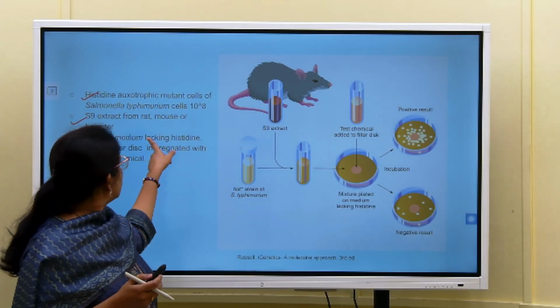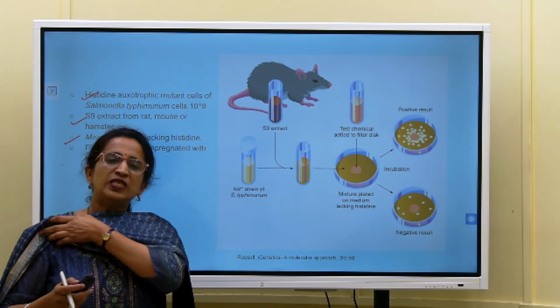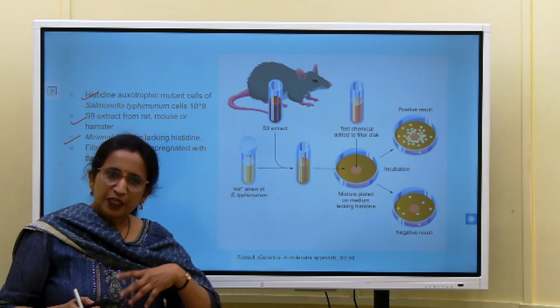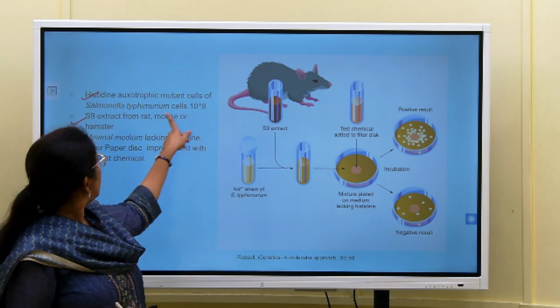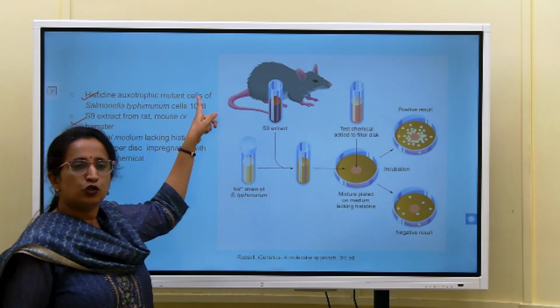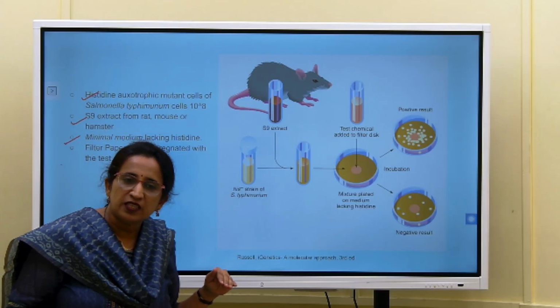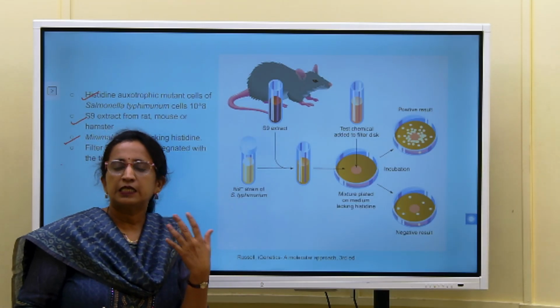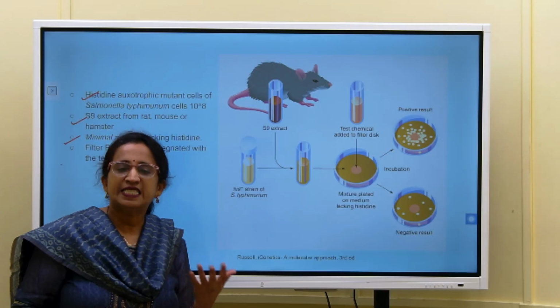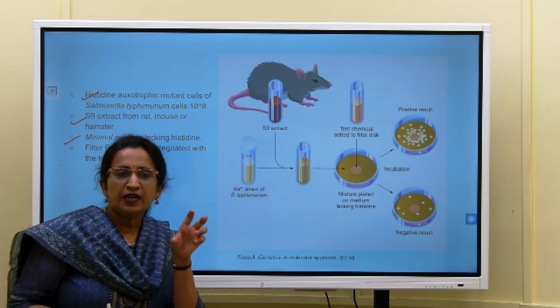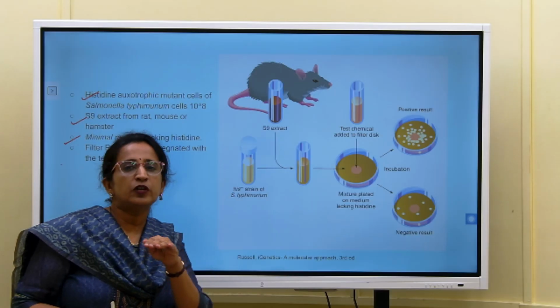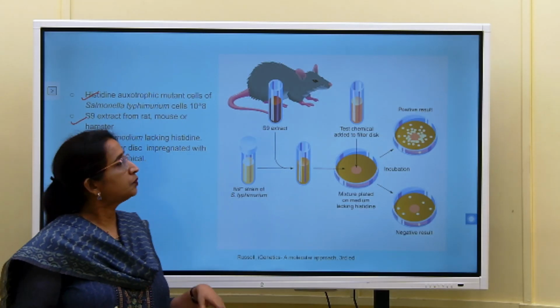In this case, we are taking a medium which lacks histidine. It means that histidine minus cells, histidine auxotrophic cells of Salmonella typhimurium will not grow on this plate because this plate does not supply it with histidine. So, Salmonella typhimurium auxotrophic mutants will not grow on this medium.